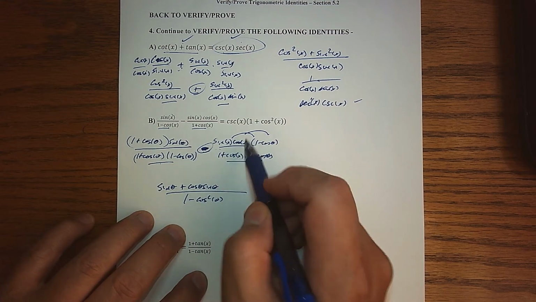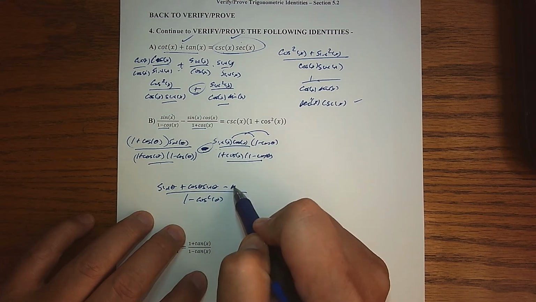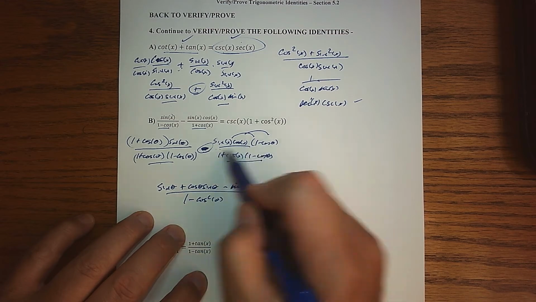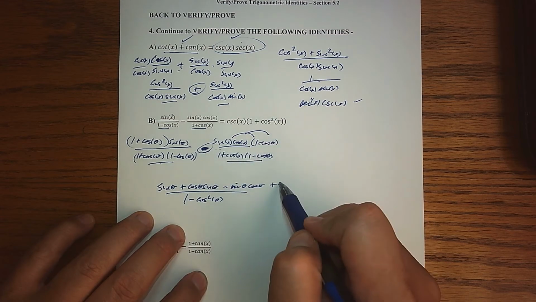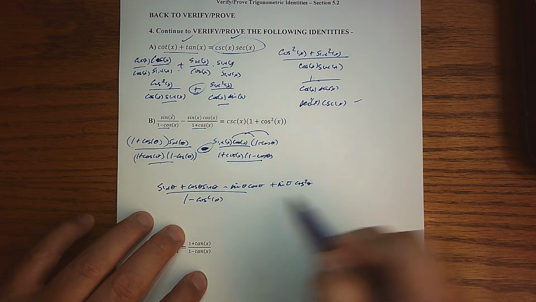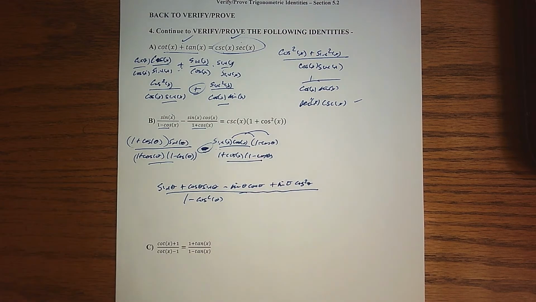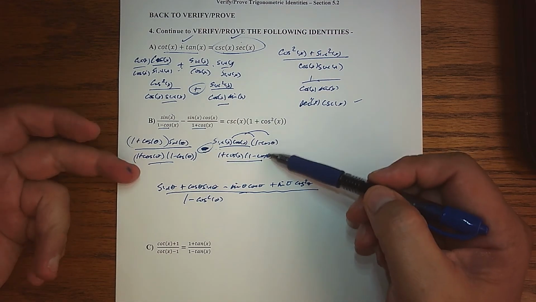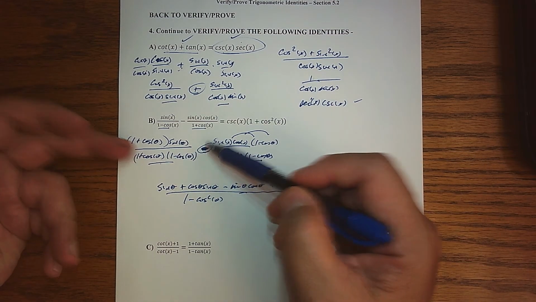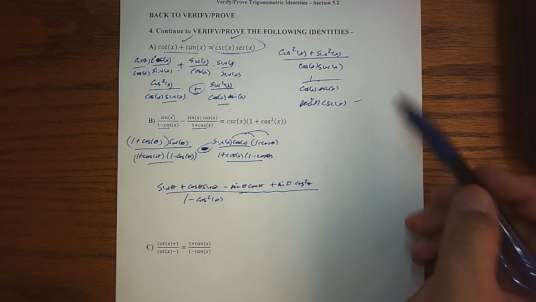So when I do that first round of multiplication, I have a minus sine theta cosine theta, and then a negative and negative, I have a plus sine theta cosine squared theta. Alright, so that's what I get after doing that first round of finding a common denominator, and then with that common denominator I can perform the subtraction, do the distribution all in one swoop.